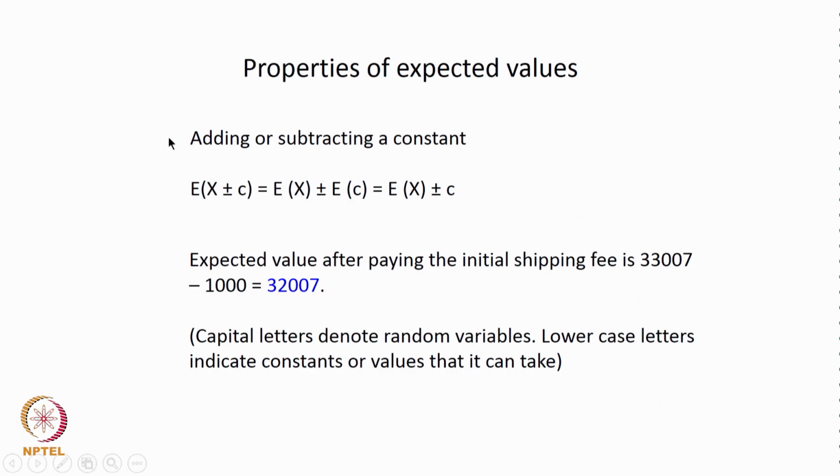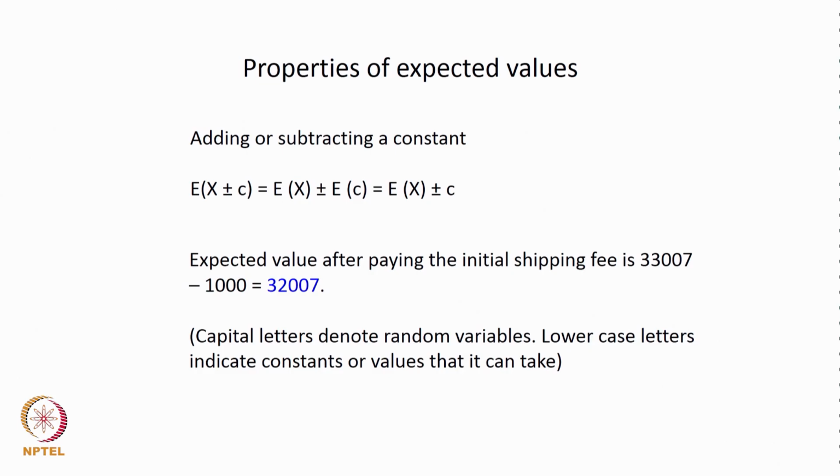One has to read this carefully. The expected value of x plus or minus a constant is equal to the expected value of x plus or minus the constant. For example, in the previous problem, what is the expected value after paying the initial shipping fee? If the shipping fee is 1000, then 33,007 minus 1000 is 32,007.